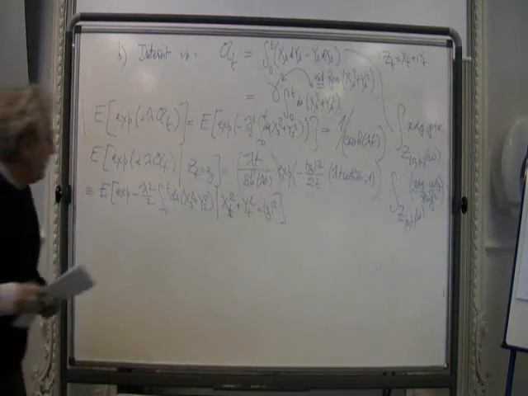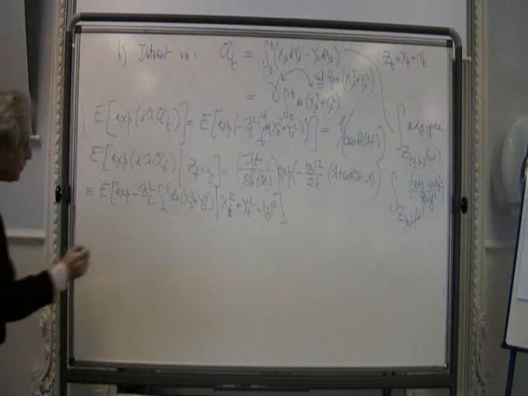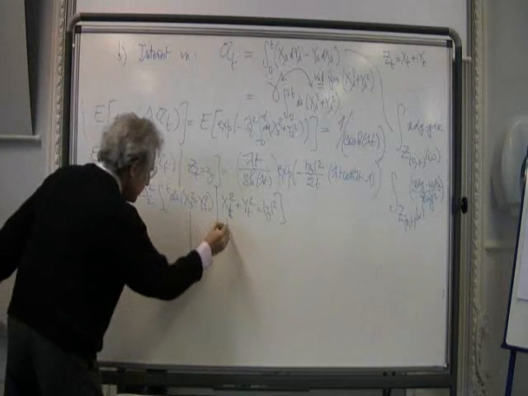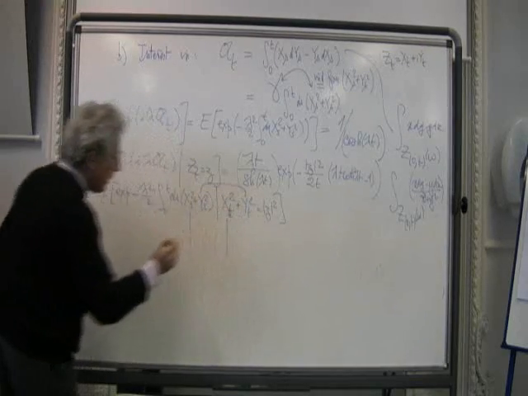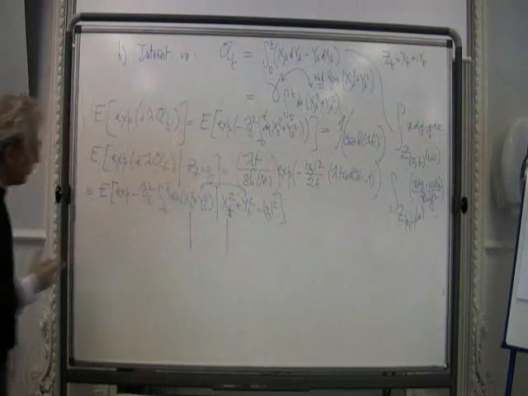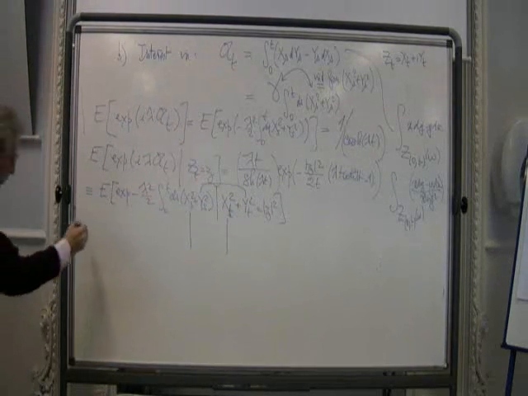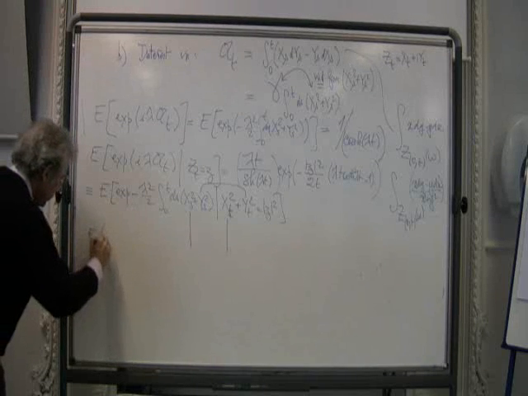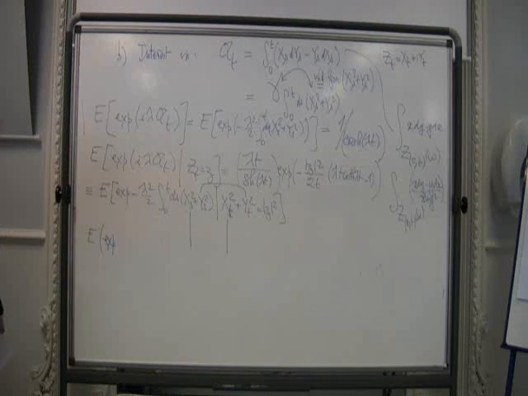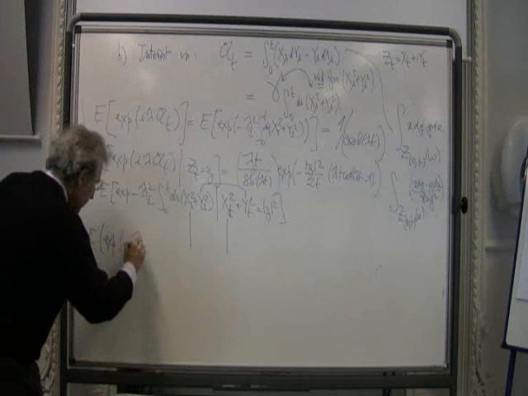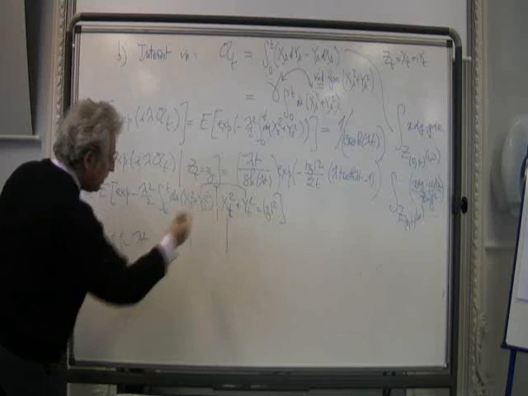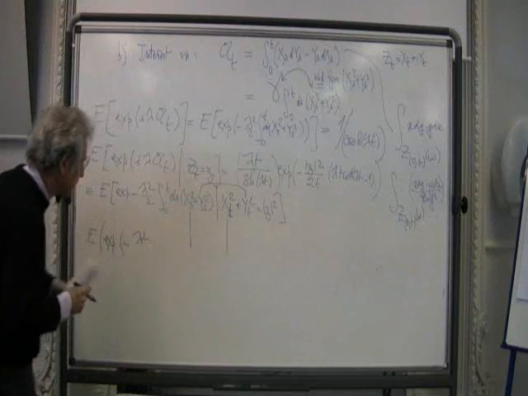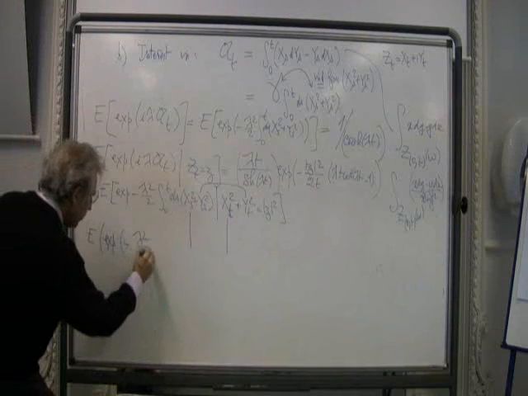Okay, and now you see that because of the independence of x and y, you can also rephrase this result into a purely one-dimensional Brownian motion result, just dividing by 2, so to speak. Let me write it correctly.